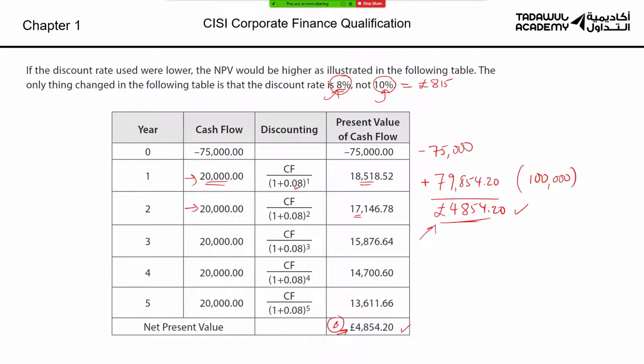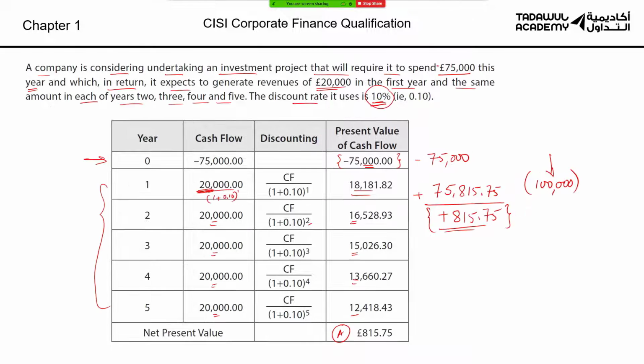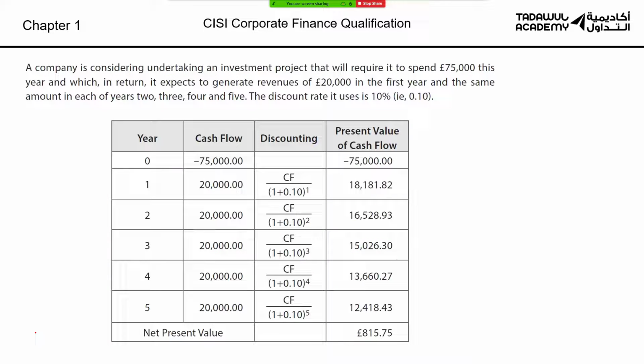Before we head into the internal rate of return, let's just look at one more example here so that we can introduce the concept of the internal rate of return. Let me just clear the screen quickly. Let's assume that the discount rate is actually 11%.